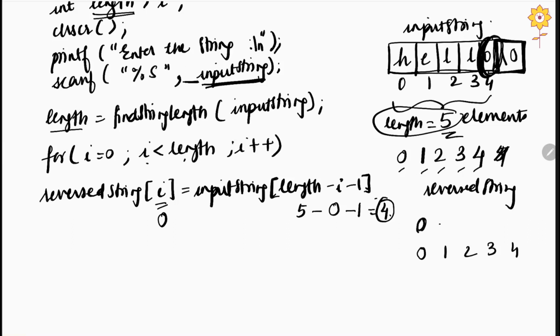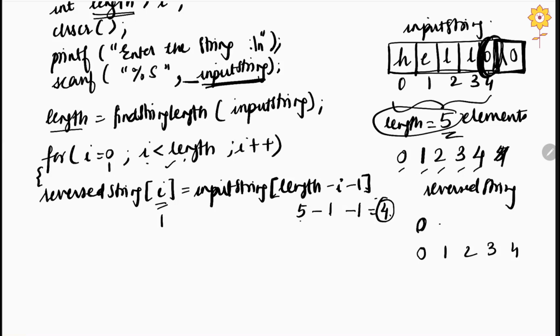Now, in the next iteration, you will have to put a curly brace here. In the next iteration, i will be incremented, i will become 1, correct. Again this condition will be true. Since i is 1, 5 the length minus i, which is 1, minus 1.